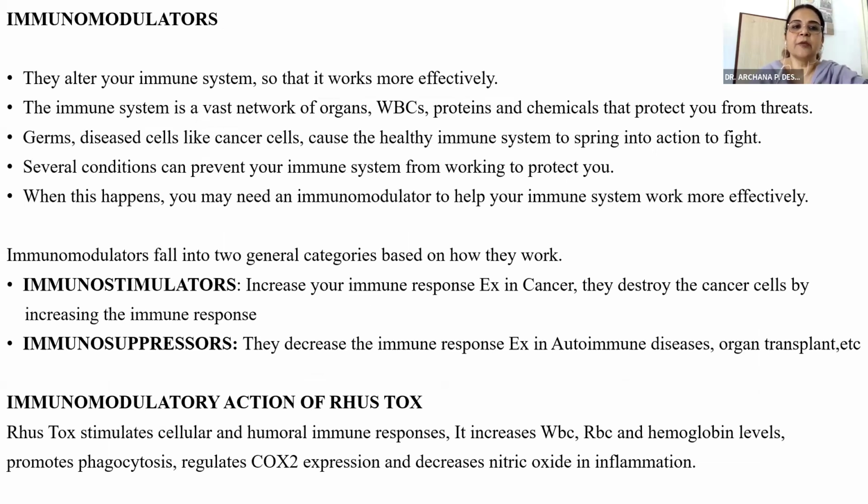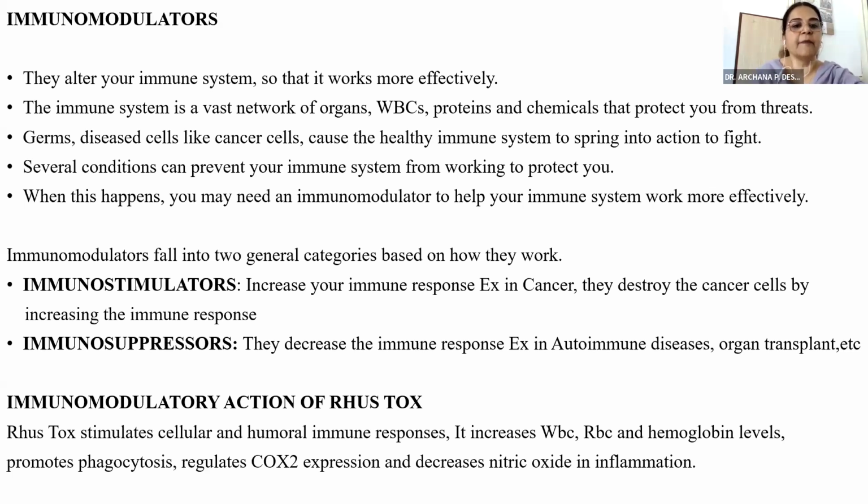The next action is the immunomodulatory action, where there are certain substances which help your immune system to work effectively. Sometimes the immune system misfires, and is not able to understand that it has to now increase or decrease the immune response.